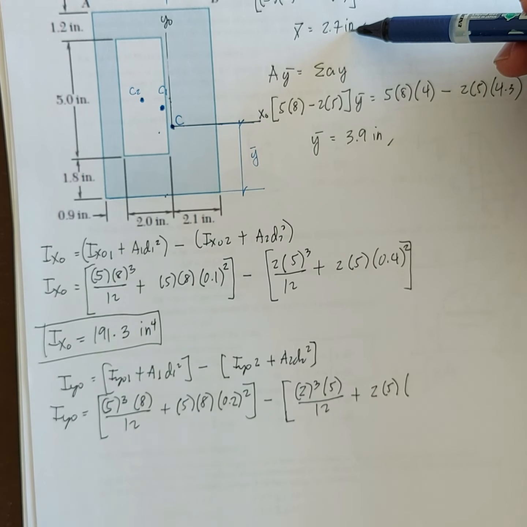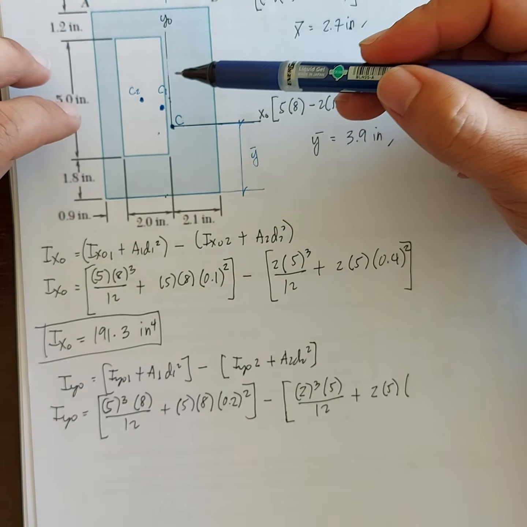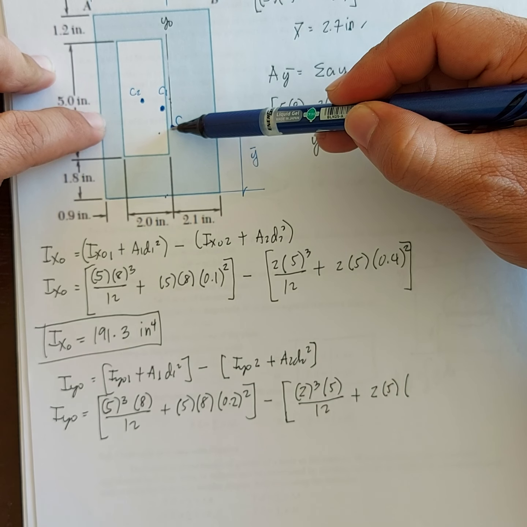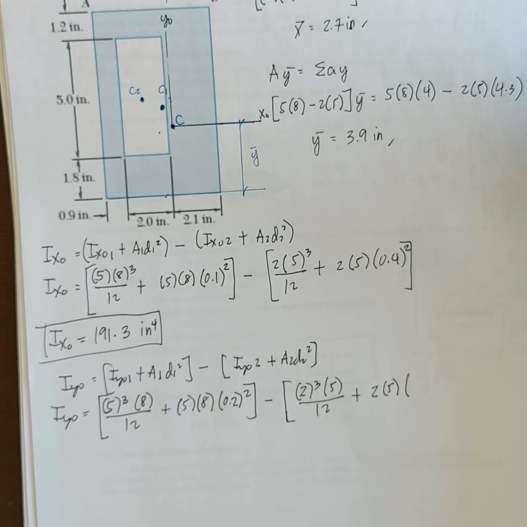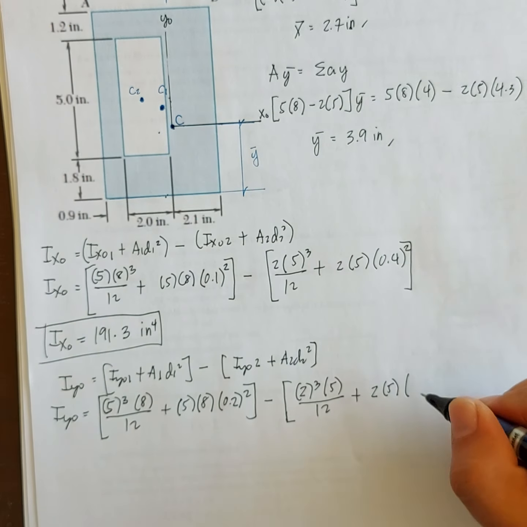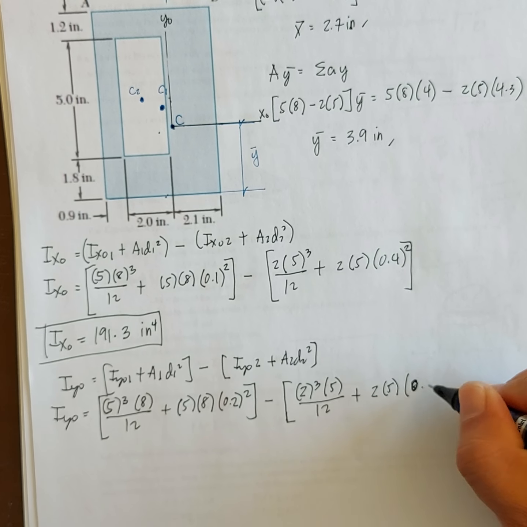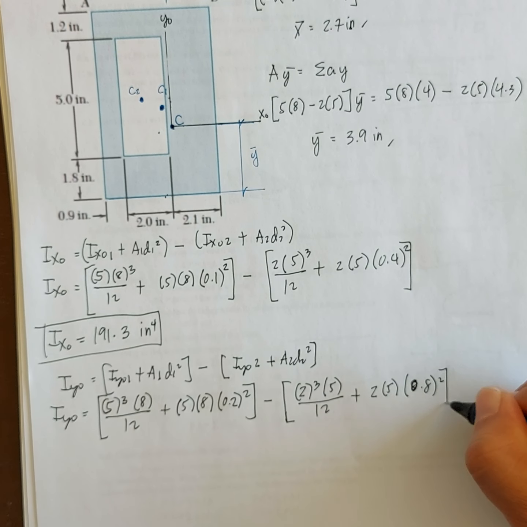So, 2.7 minus 1.9. Yan yung distance between C2 and C. So that is 0.8. Squared.